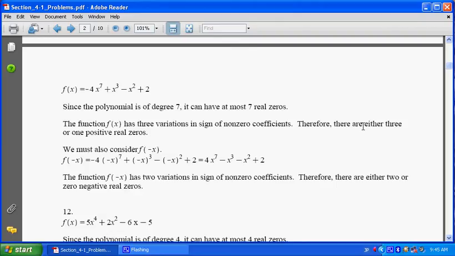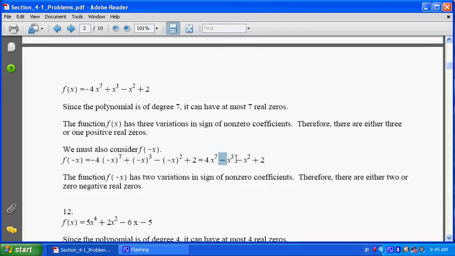Okay, now to determine the negative zeros that the function can have, we have to consider f of negative x. So basically we rewrite the function putting negative x in for everything that was x up here. We put in negative x, and that gives us this as the function of f of negative x. Now this, it goes from positive to negative, so that's one variation in sign.